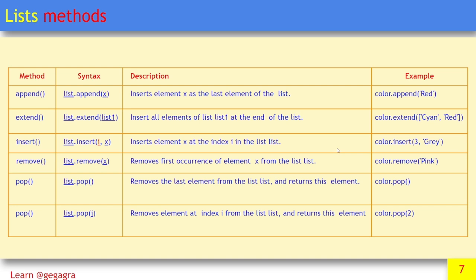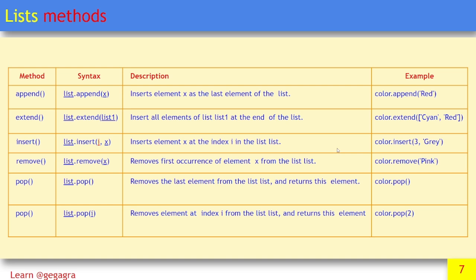Pop. The function list.pop removes the last element from the list and returns that element. Whichever list it is, if you apply pop, it will delete the last element and return the last value. So color.pop returns the last element of the list.